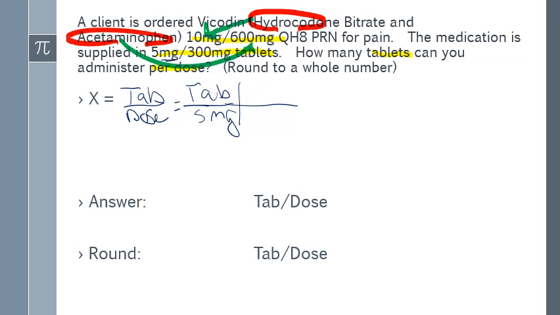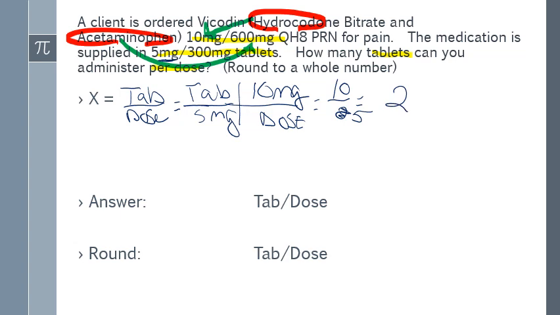Now we're only looking at the left side, but the order is 10 milligrams per dose. And then we just have to divide 10 by 5. That's going to leave us 2 tabs, right?